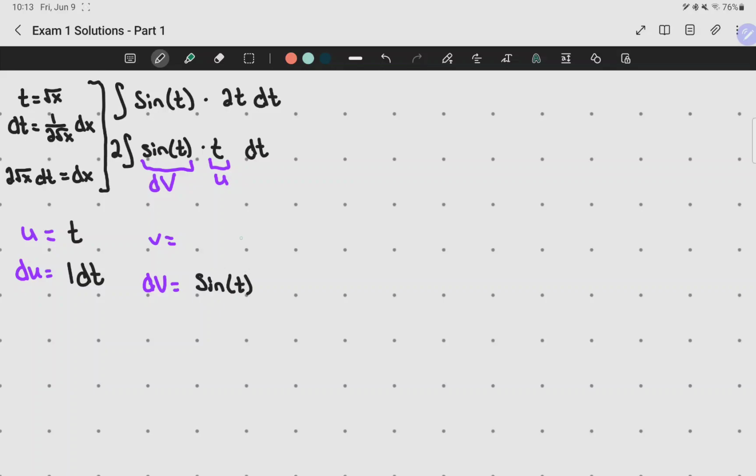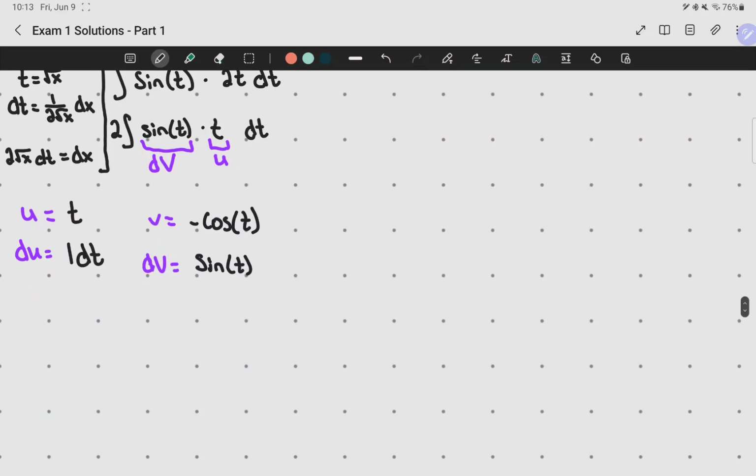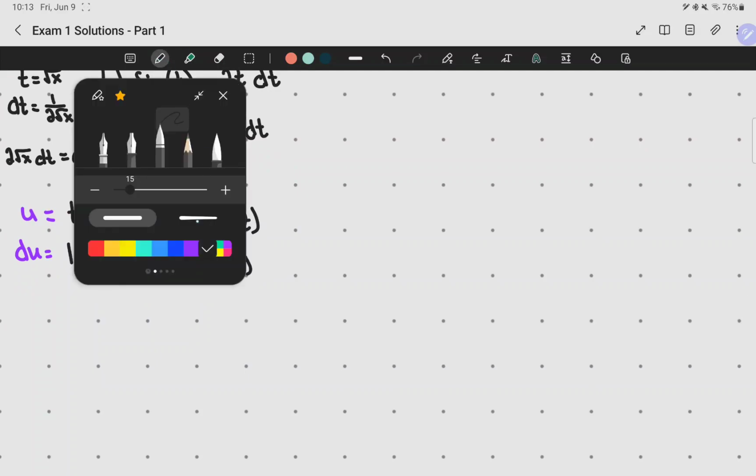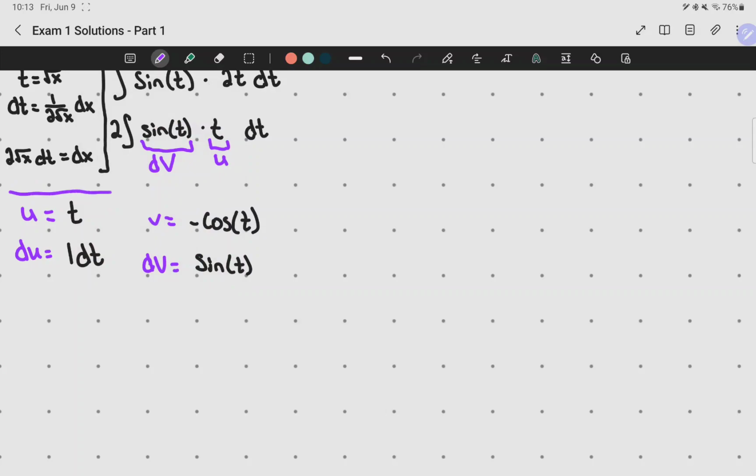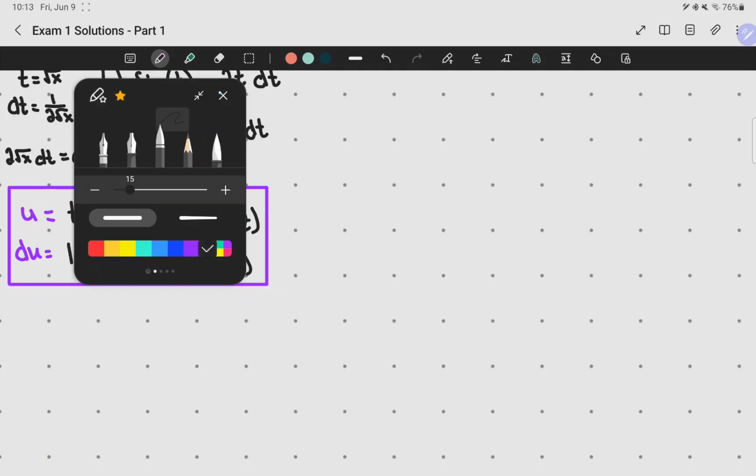And now we're going to integrate instead of differentiate. So what is the integration of sine t? It should be negative cosine t. Then I'm going to put a little box around this because I get lost without being organized somewhat.